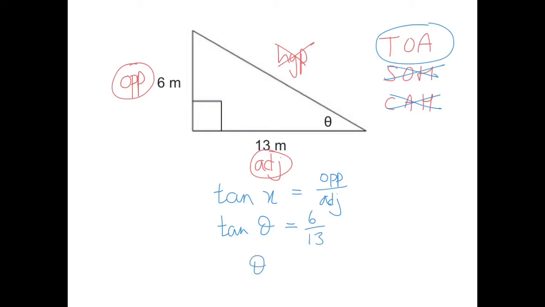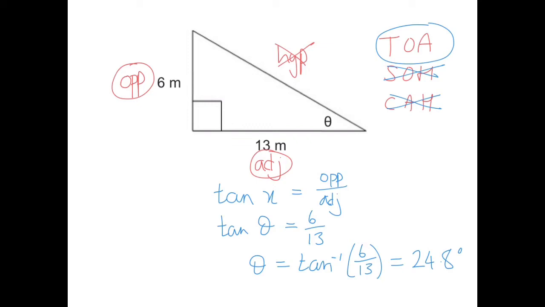Now to find theta, instead of taking the tan of theta on the left-hand side, we're going to do the reverse procedure on the right-hand side. The reverse of tan is inverse tan. So press shift tan on your calculator, and then in the brackets, 6 over 13, or 6 divided by 13, and that equals 24.8 degrees.